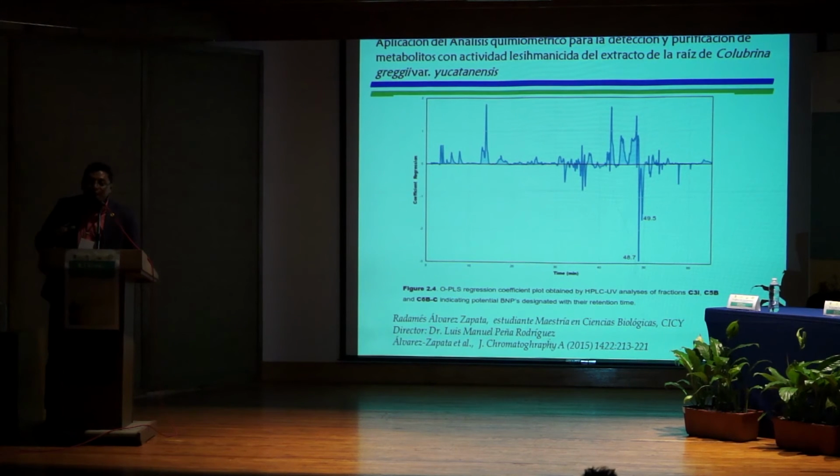So this proves that we can use chemometrics and metabolomics as a new tool or an alternative to bio-guided isolation, because it's quicker, easier, and it will save you a lot of time, and at the same time you will generate less chemical waste than you would otherwise using the traditional methods.